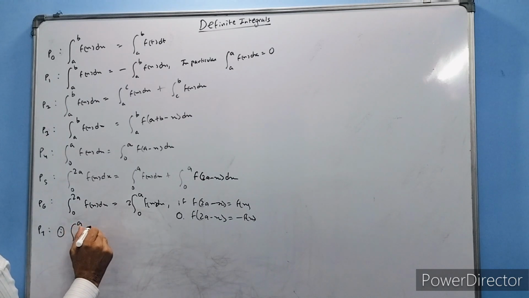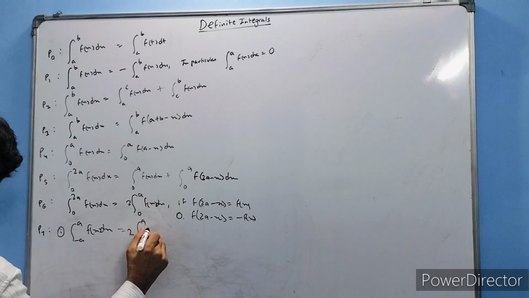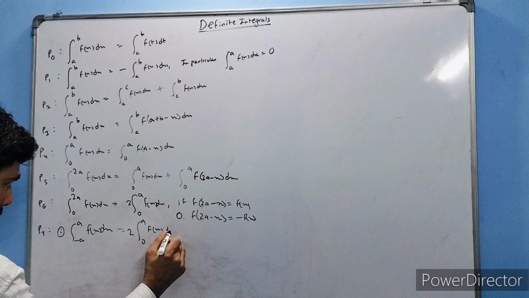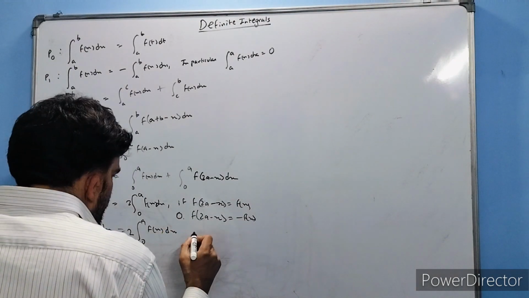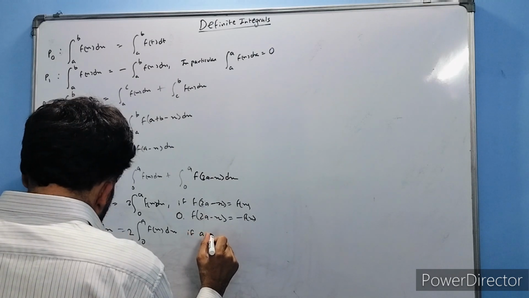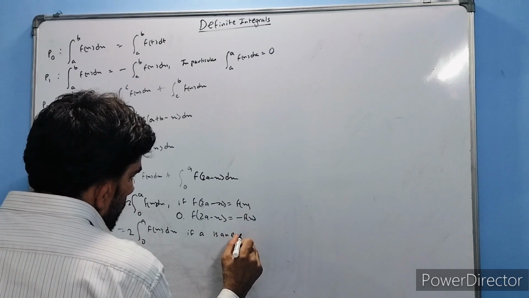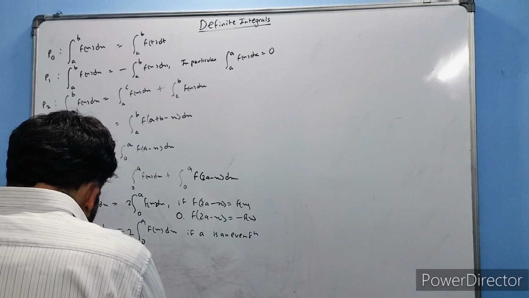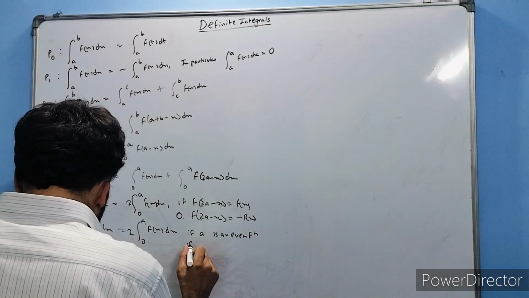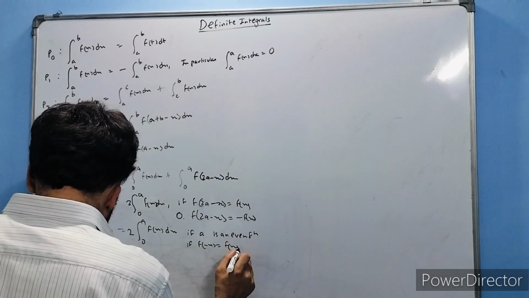Okay, so we have now the last property, that is the integral from minus a to a of f(x) dx is equal to twice the integral from 0 to a of f(x) dx if f is an even function, that is, if f of minus x is equal to f(x).